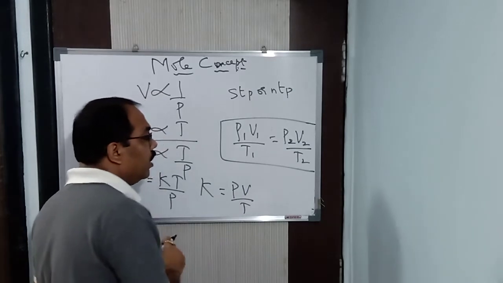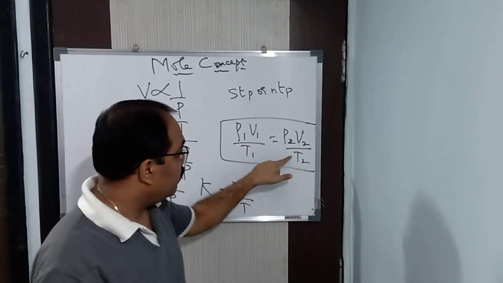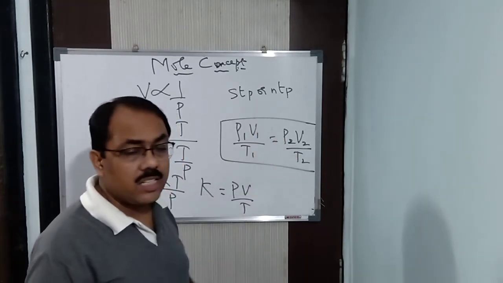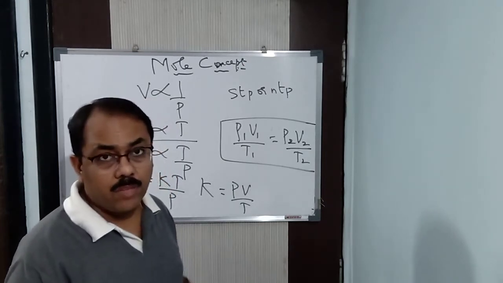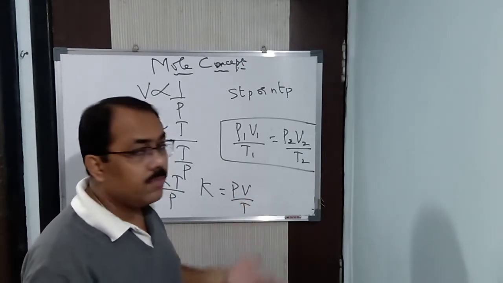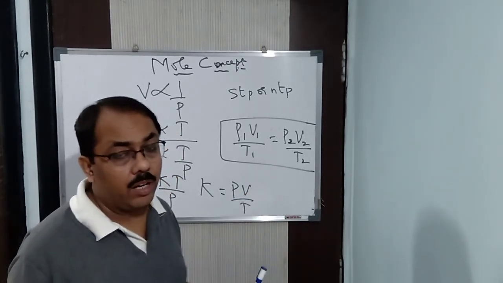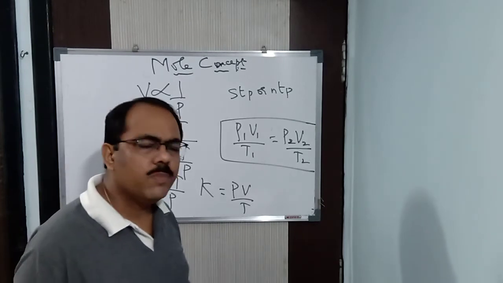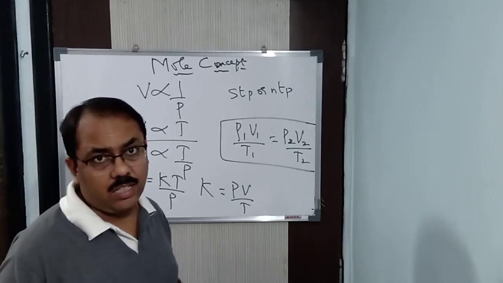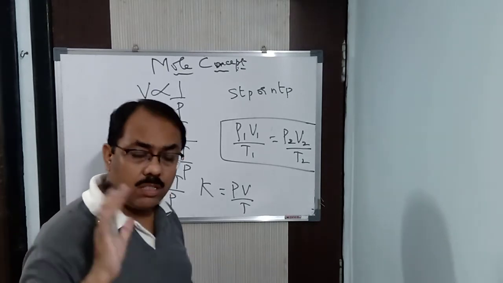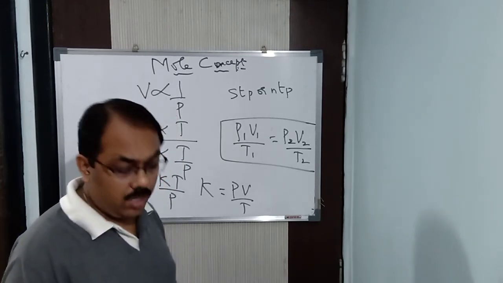So if this particular state is STP, meaning pressure and temperature are at STP, and you need to find V2, then pressure will be 760 mm if the question is in mm, or 1 atm, and temperature will be 273 Kelvin. That you need to remember. Generally we use it.